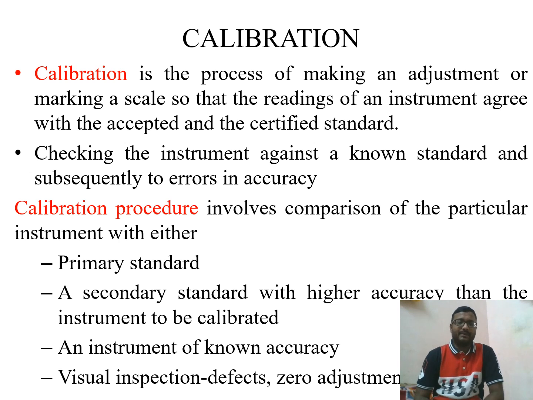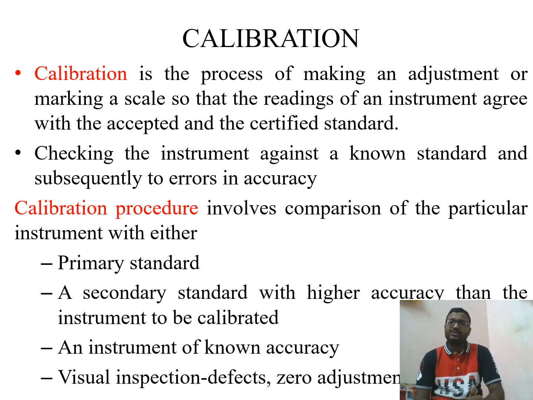For example, if you are doing an experiment and one value changes slightly, we have to make that adjustment for the constant. For example, 0.3, 0.2, 0.1, like that it will be blinking. For that, we make a clear adjustment for the exact value, and that is called calibration. It is a process of making an adjustment.